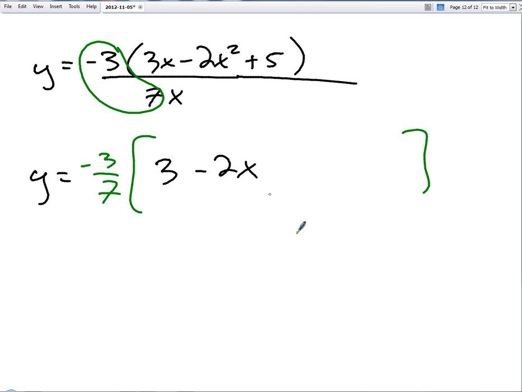And then finally, what's 5 over x, written as a power? Yeah. How about that? So there, too, we can avoid the quotient rule. Now this becomes one where we leave the constant out there, and I just differentiate each of these terms. No big deal. Right? That make sense? And then at the end, we'd have to distribute that -3/7, yeah.